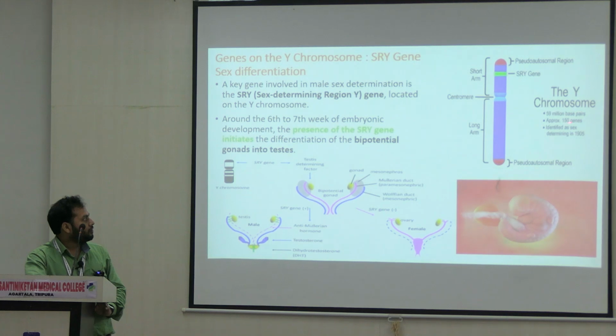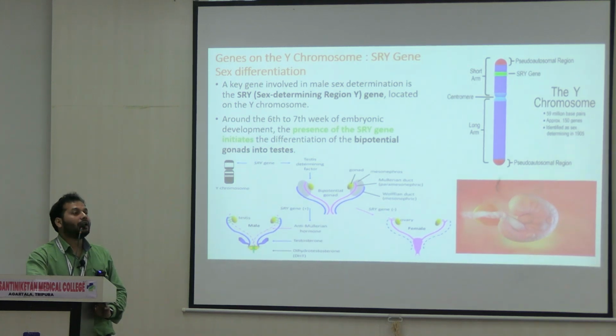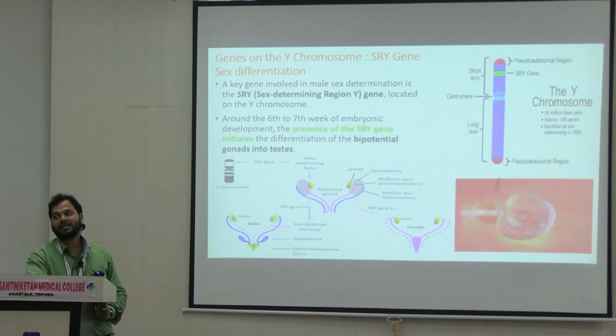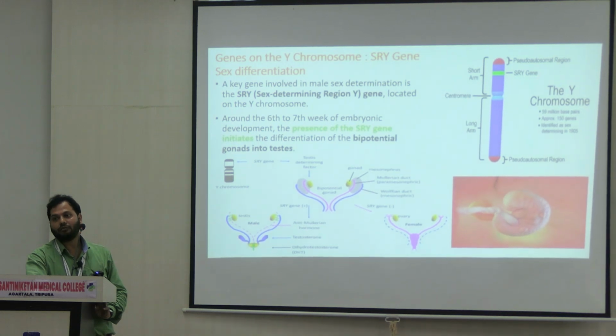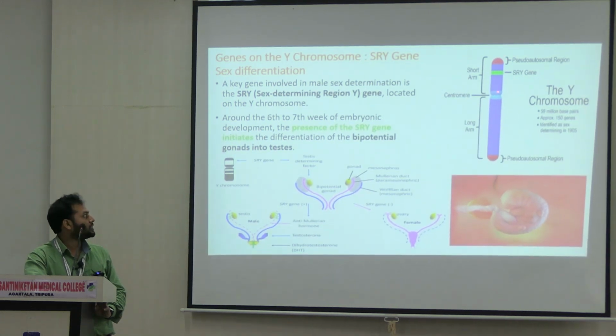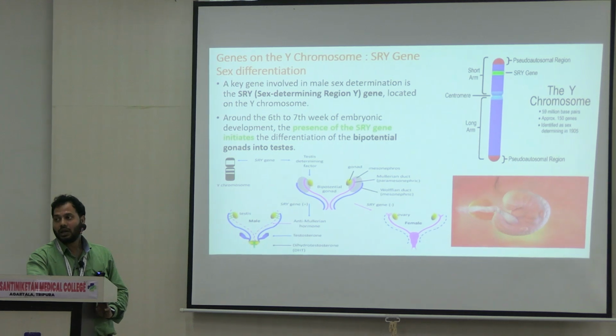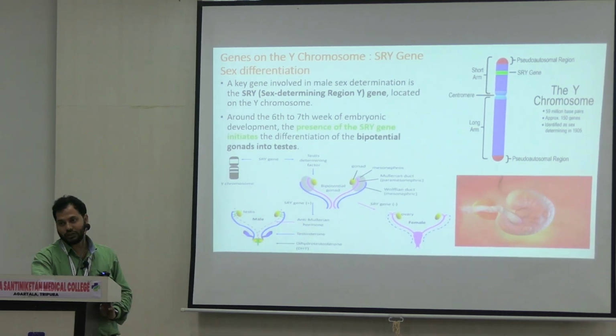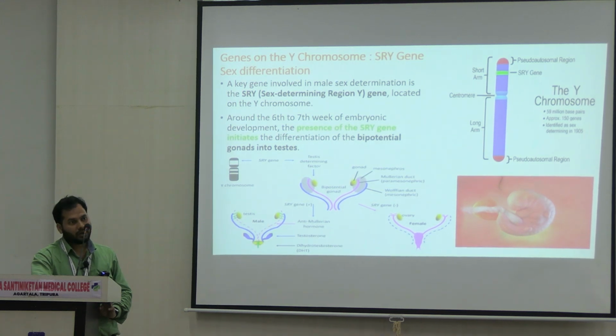And it is composed of around 150 genes. Out of these 150 genes in the Y chromosome, there is a specific gene that is present in a specific segment of the Y chromosome, mainly in the short arm of the Y chromosome. And the name of that gene is the SRY gene, right?